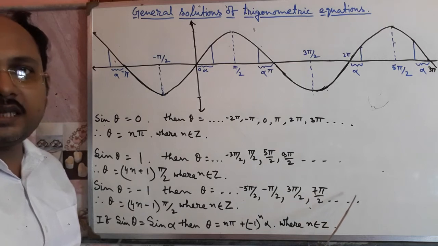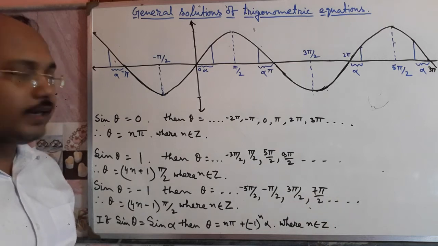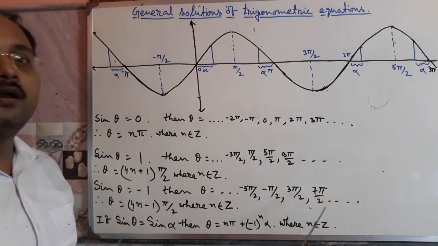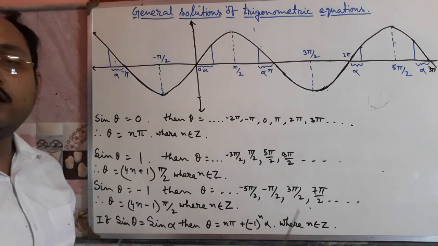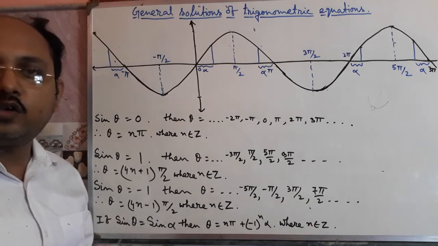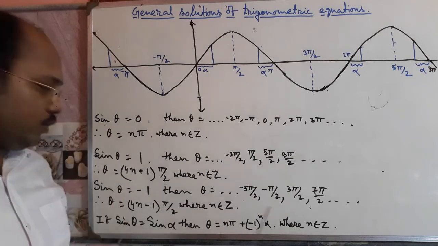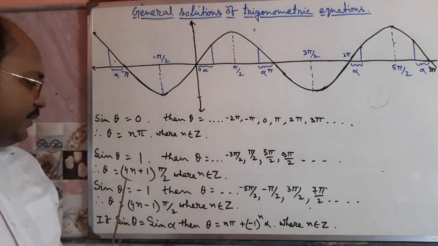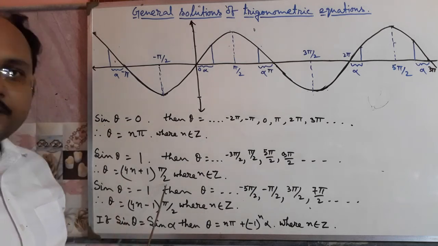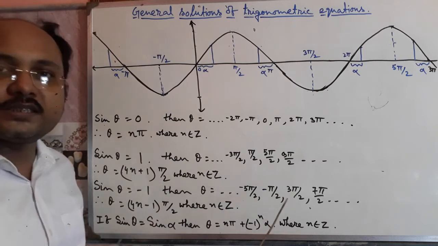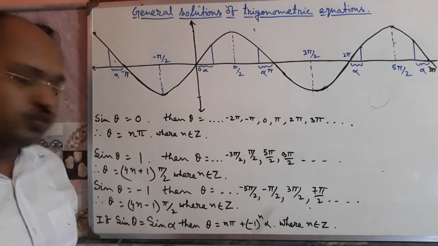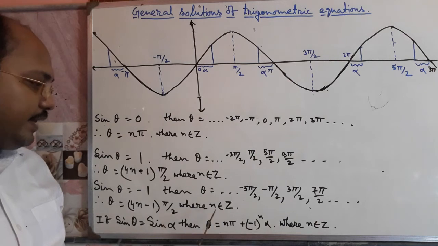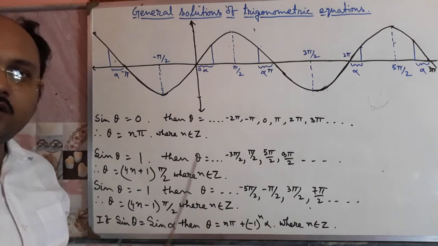If you divide these numbers by 4, you will get the remainder 3. So you can write (4n plus 3) into pi by 2. To make it similar to this, you can also write (4n minus 1) into pi by 2, where n belongs to Z.